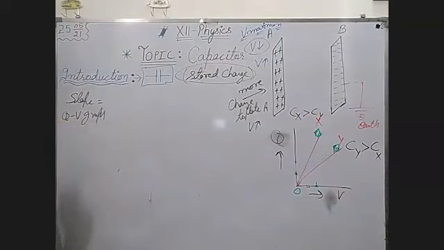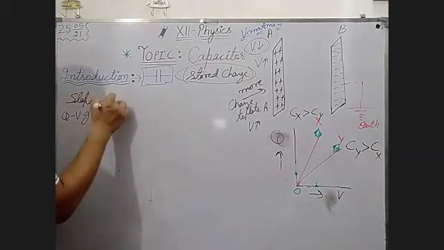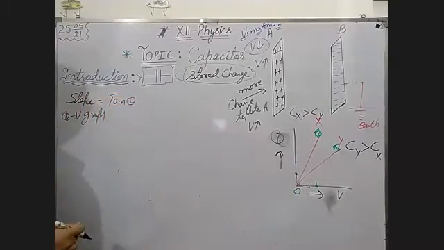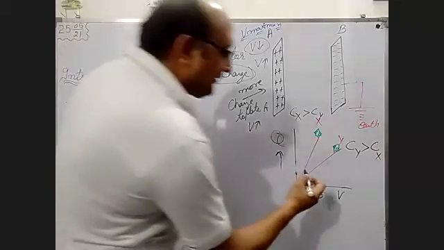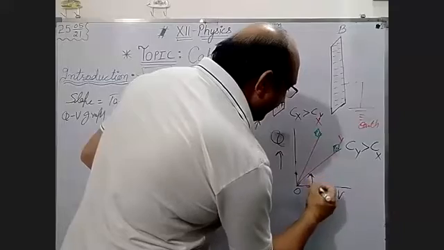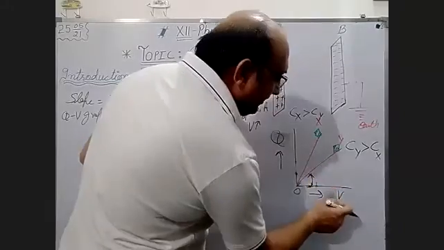Slope of QV graph is equal to tangent theta. What is tangent theta? Theta is the angle with the V axis.